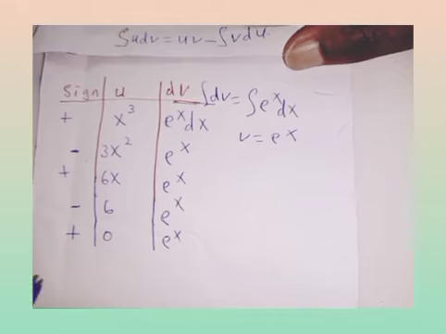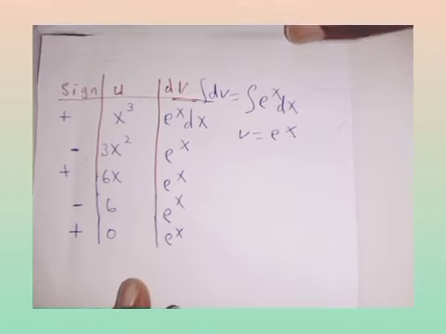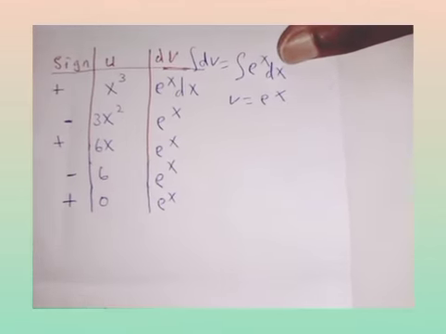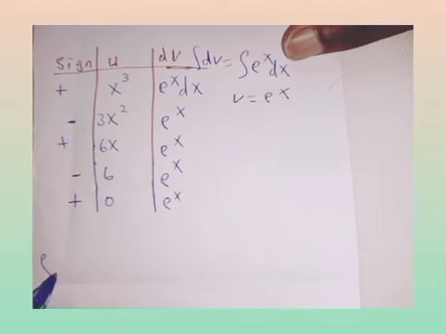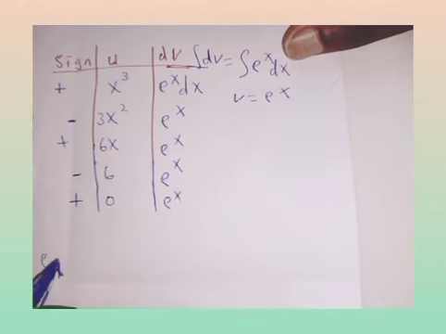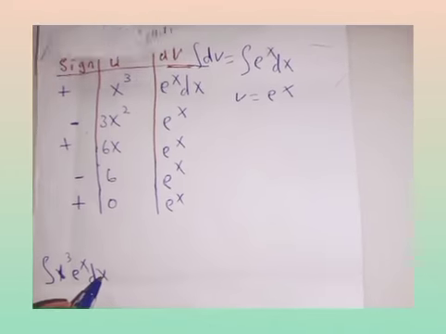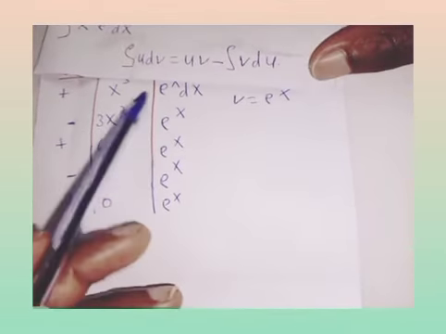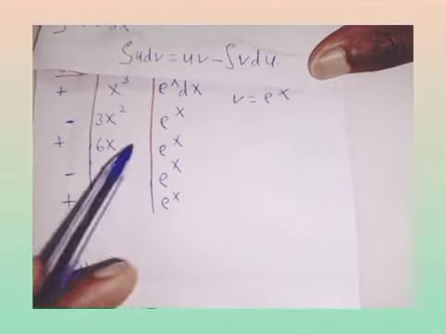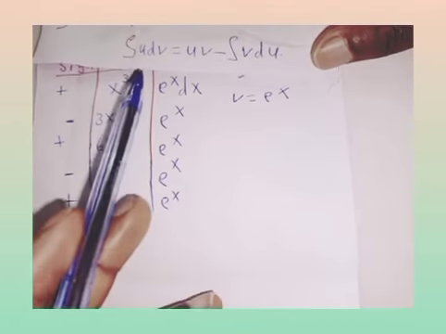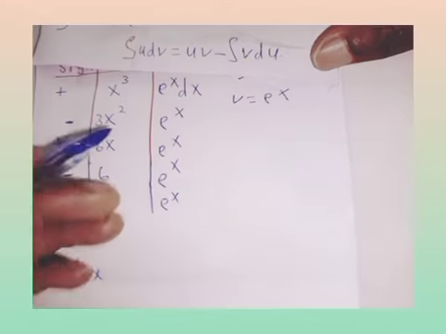So what you do now, when you are writing your result, you have x cubic exponential x dx. Remember our formula, this is our formula. Our u is x cubic, our dv is e^x dx.